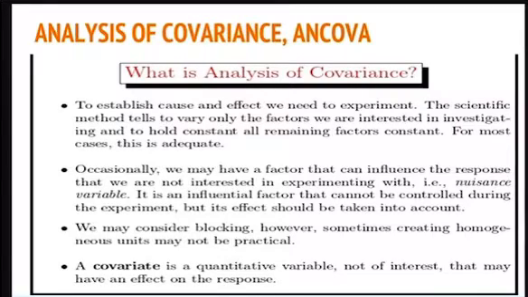But let me tell you this, that quantitative variable, initially, was not of interest. That is not our primary variable of interest. Our primary variable of interest is the study techniques. But all we need to do is to adjust for that covariate.